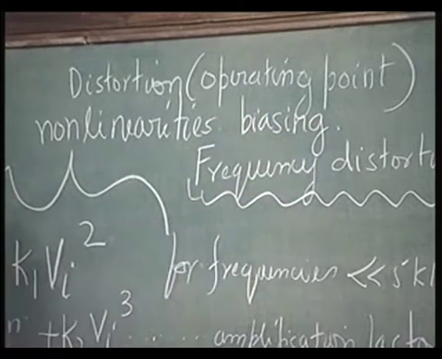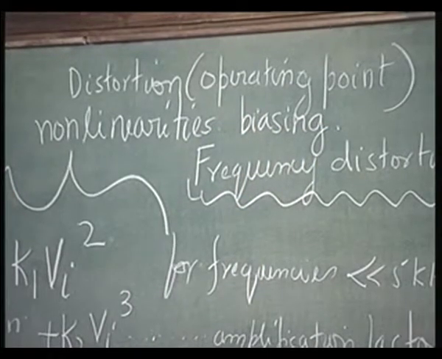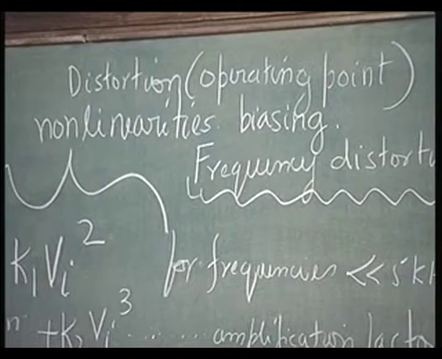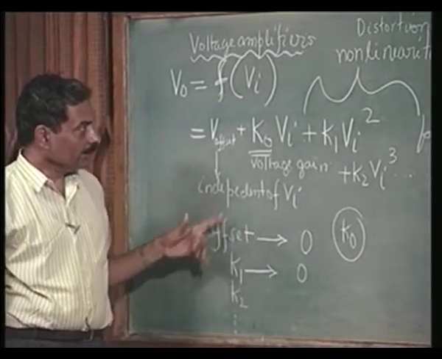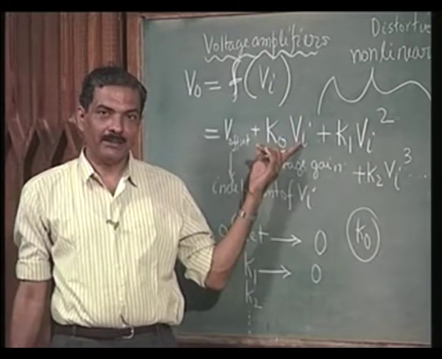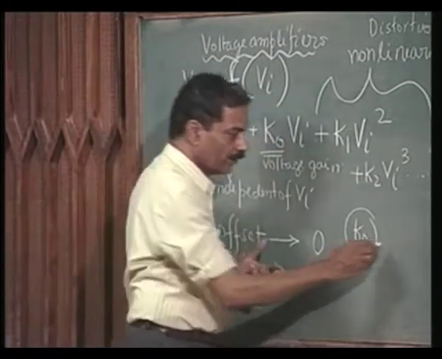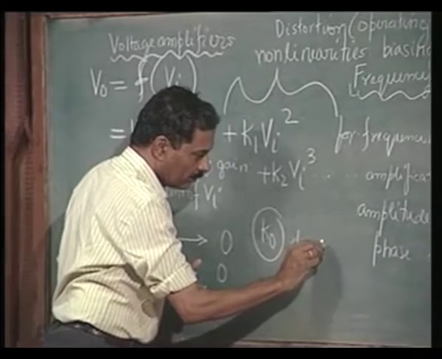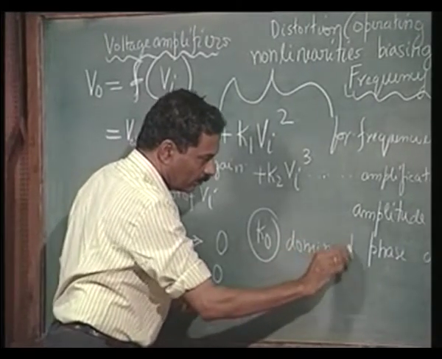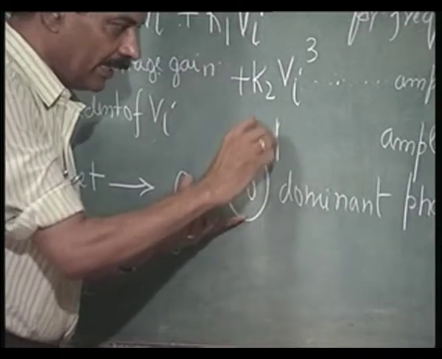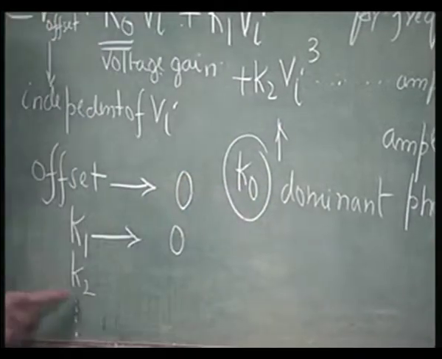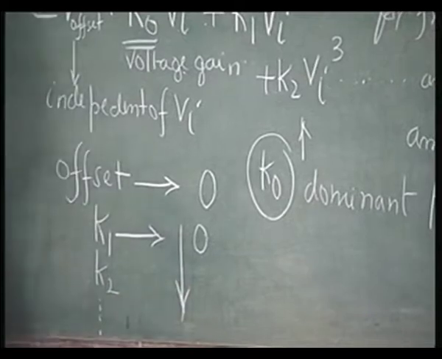of the amplifier is done in order to make the device work in a region where the linearity is dominant, K0 is dominant. K0 should be maximized, and K1, K2 and Kn should be minimized.